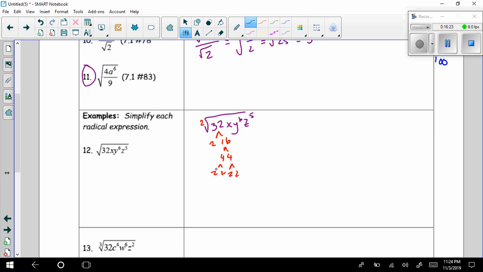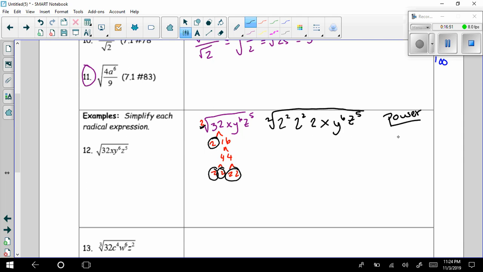Then you're going to look again at your prime factorization. So I have a 2 here. I want to rewrite this as 2 squared. I have another 2 squared, and then I have a leftover 2. I have an x, a y to the 6th, and a z to the 5th. All right, so remember we're taking the square root of all of these. And we have power over index.